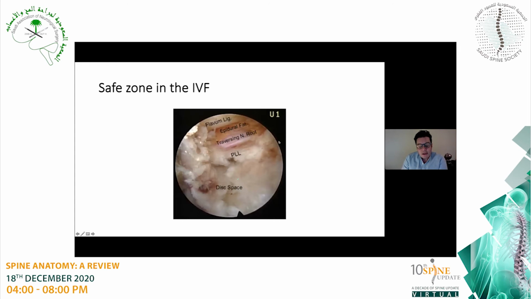In this picture, taken from the endoscopic transforaminal approach, we can appreciate the anatomy from different angles. We can see the ligamentum flavum, epidural fat, the traversing nerve root, and medial to it the thecal sac. Then we can identify the posterior longitudinal ligament, and we can identify the posterolateral disc herniation.